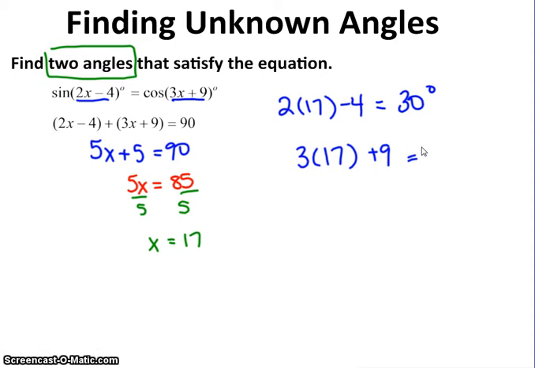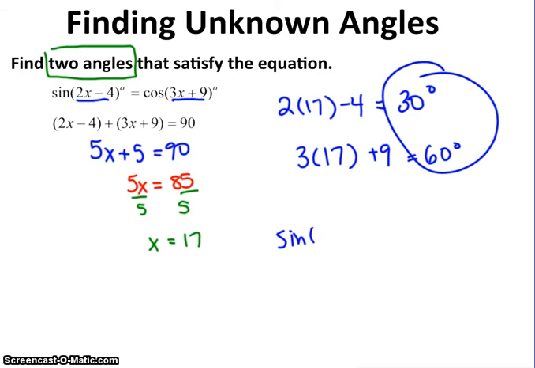And 3 times 17 plus 9 is 60 degrees. So the sine of 30 is equal to the cosine of 60. And I can verify because 30 plus 60 is 90. The two angles that I've found are complementary.